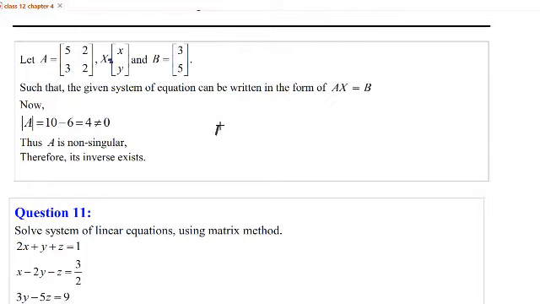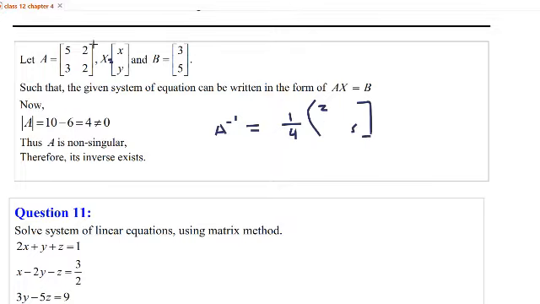So A inverse is 1 by determinant A into adjoint A. You know that. So A inverse is 1 upon determinant A and adjoint A. And what is adjoint A? We'll just interchange these values, so here we'll write 2 and here we'll write 5, right?